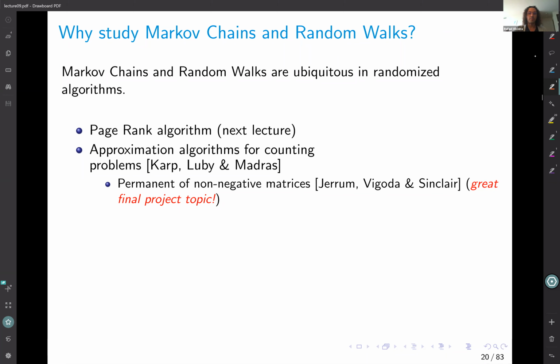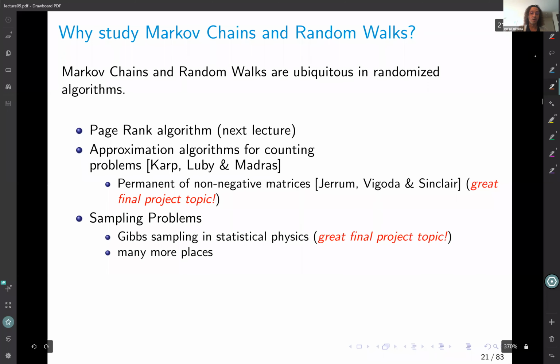They also appear in approximation algorithms for counting problems, for example computing the permanent of a non-negative matrix, one of the ultimate counting formulas in combinatorics and mathematics. They also appear in sampling problems: Gibbs sampling in statistical physics is a Markov chain, and in many more places.